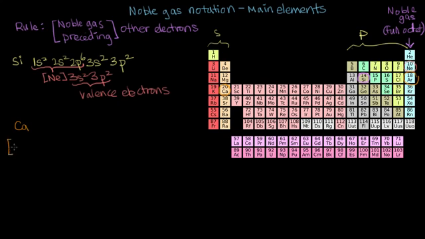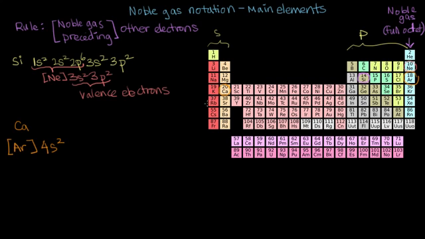So we write argon in our brackets. And then what electrons are not in argon? We move down and we see that we have our 4s electrons and we have 2 of them. So this is the noble gas configuration for calcium.